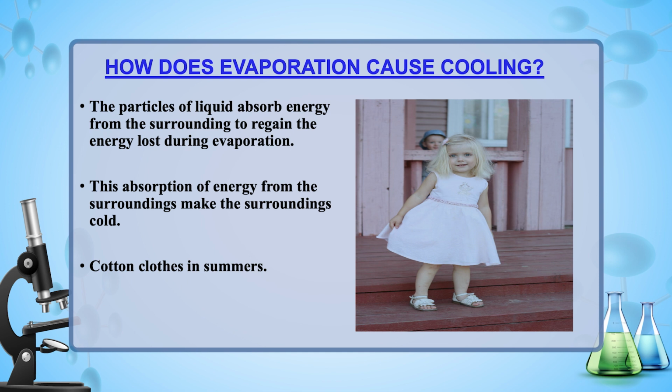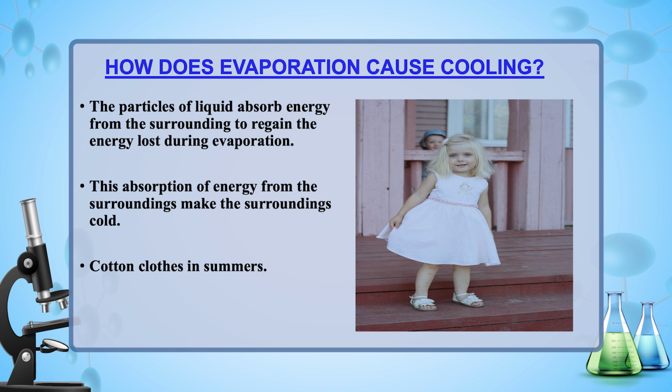During summer, we perspire more because of the mechanism of our body which keeps us cool. We know that during evaporation, the particles at the surface of the liquid gain energy from the surroundings or body surface and change into vapor.